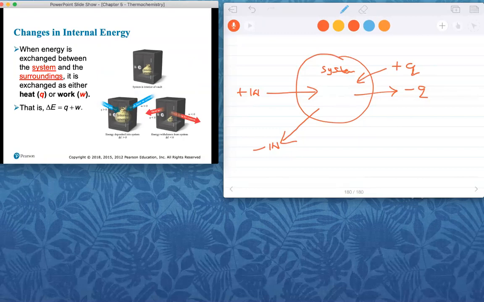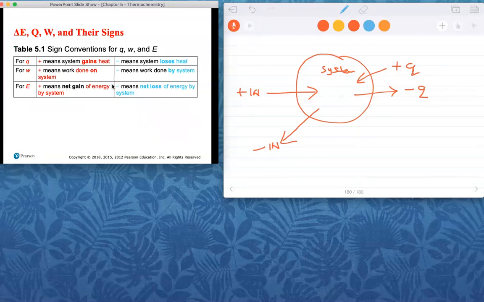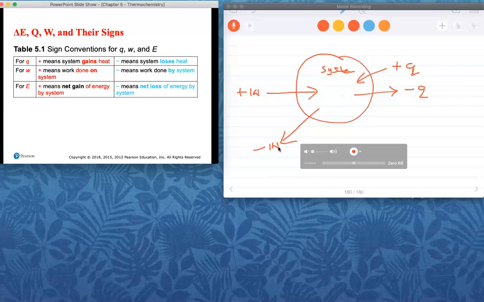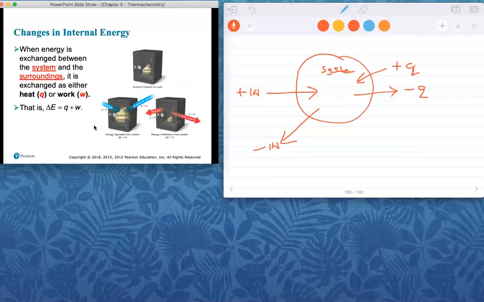No, it will boil down to the sign convention. For example, if I say work is done by the system, my symbol here will be negative W. If heat is being lost by the system, it will be negative Q. If heat is being gained, that means positive.